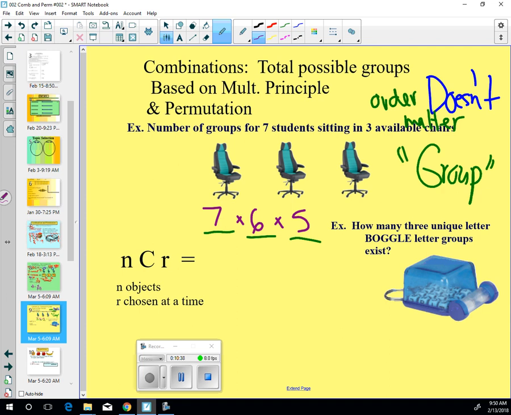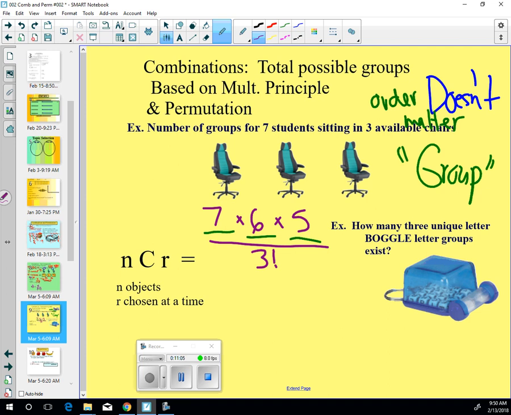But with those 3 chairs, how many ways are there that we could arrange them and they're still the same? Like if I had Emily and Kaylee and Sarah, how many ways could I arrange those 3 and still be the same? 3 factorial. So I'm going to divide by the number of chairs factorial. Because they're still the same, right?